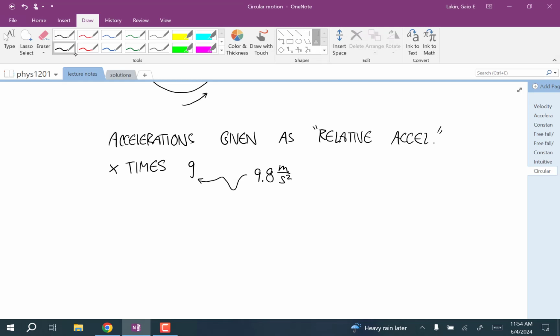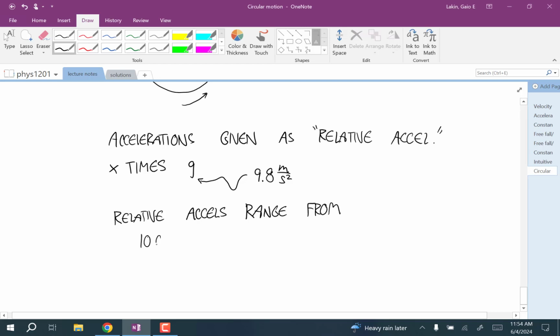The relative accelerations range from about 10,000 to 1,000,000.